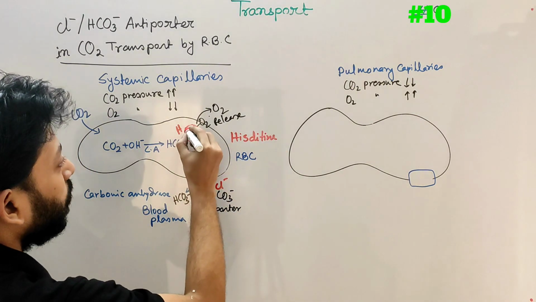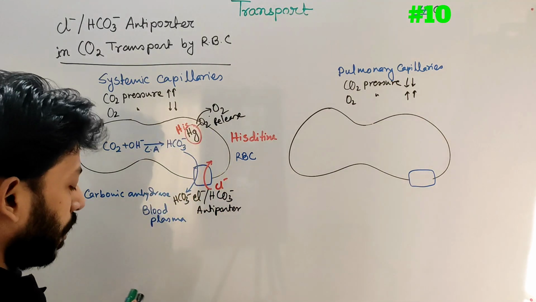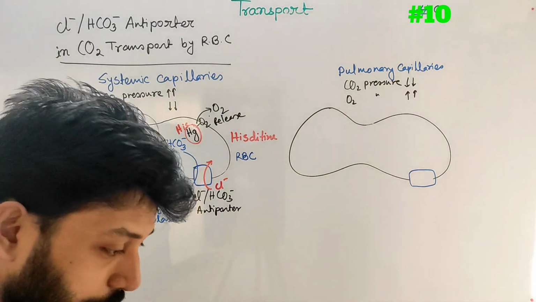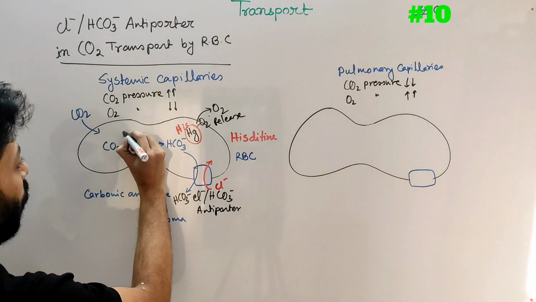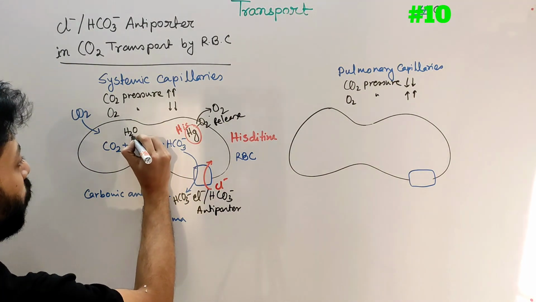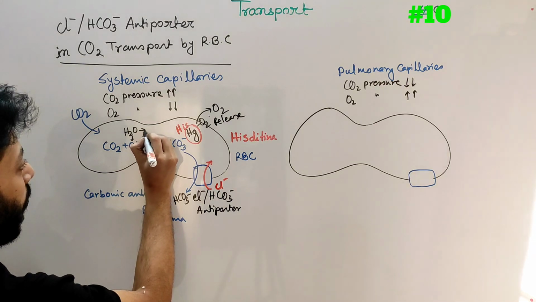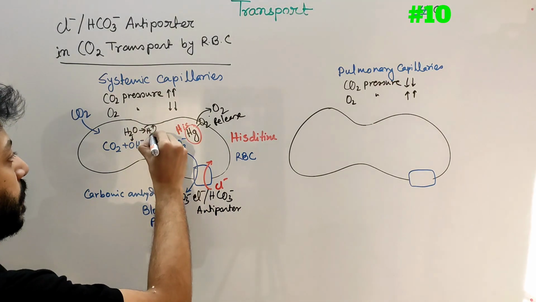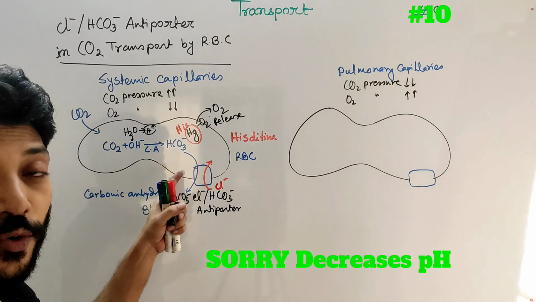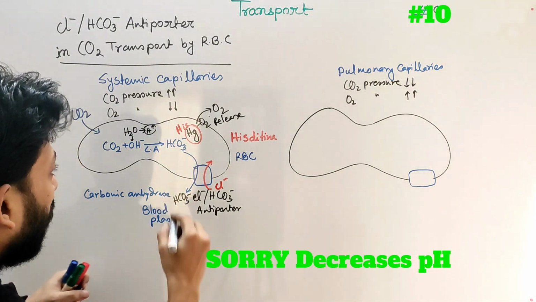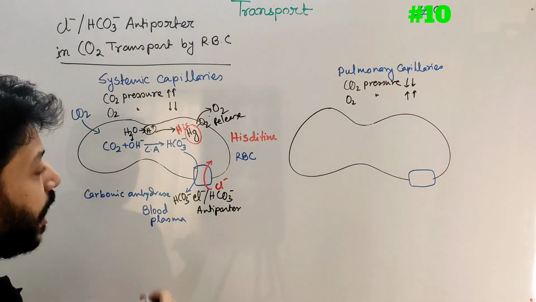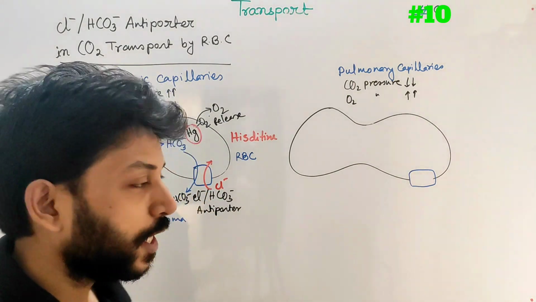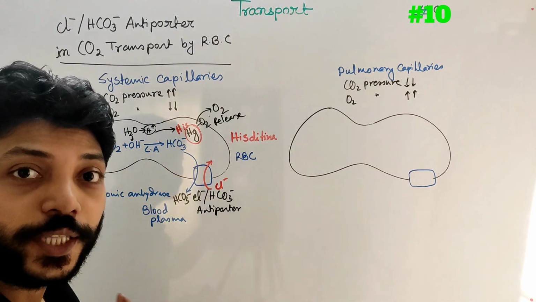Now this histidine takes up protons, because here water splits into hydroxyl ion and H plus ions. If H plus ions are present inside the red blood cells, it would change the pH. By taking these H plus ions or protons into the hemoglobin, it maintains the pH of the cells.